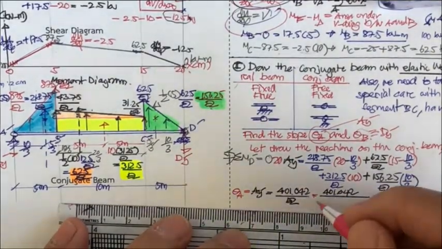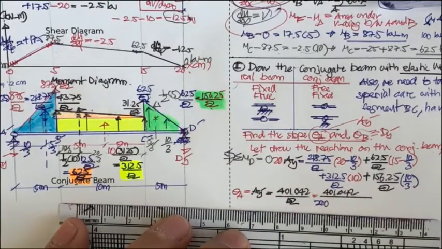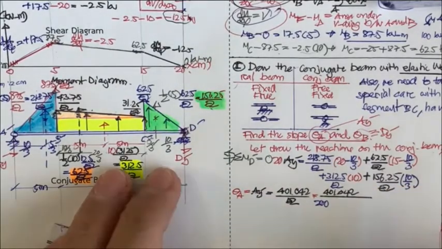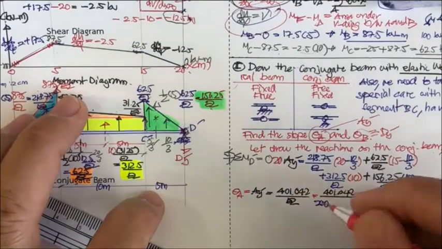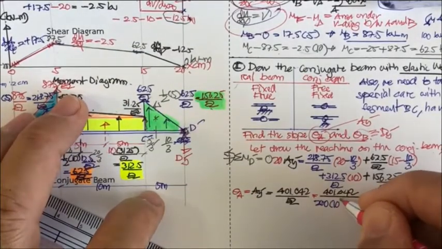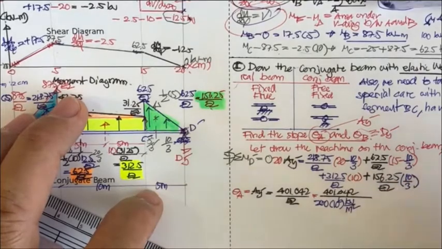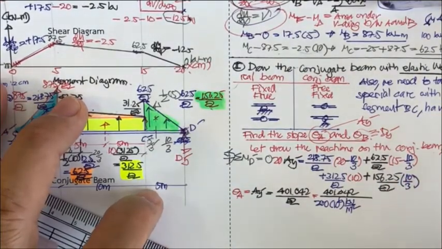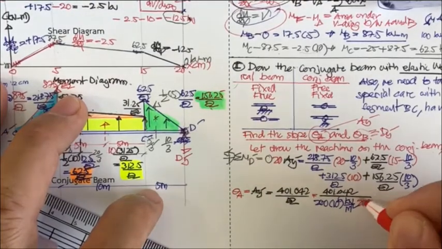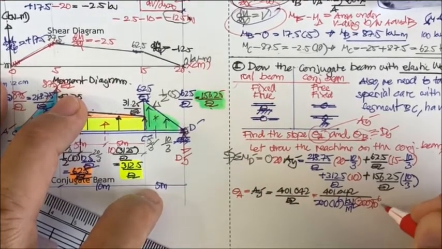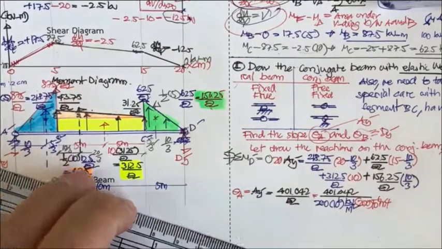E is going to be 200 gigapascal. Since the calculation is based on kilonewton, it's going to be times 10 to the power 6 kilonewton per square meter. And the I you have is 200 times 10 to the power minus 6 meter to the power 4.